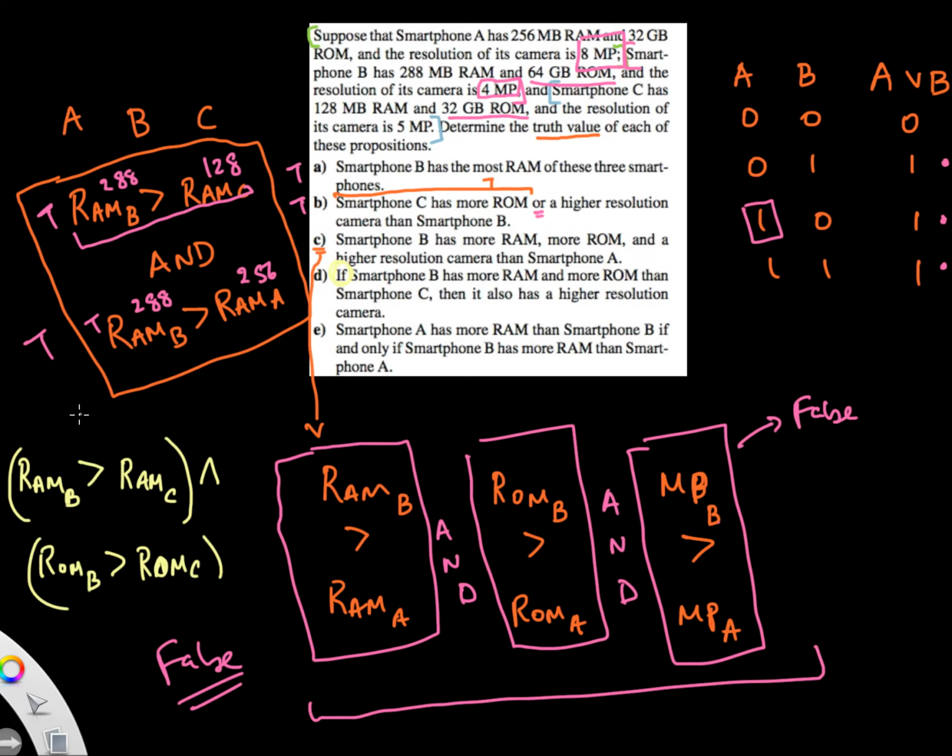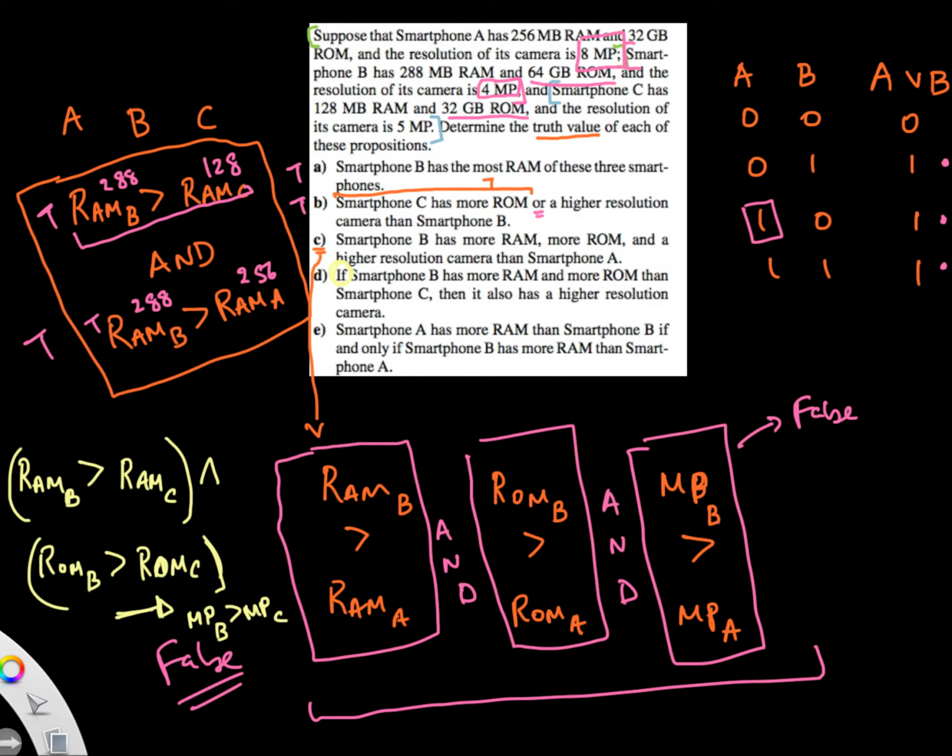So if this holds, then, and for then I'm going to use the arrow, then it also has a higher resolution camera. So if this holds, then the megapixels MP for B happens to be greater than the megapixels for C.